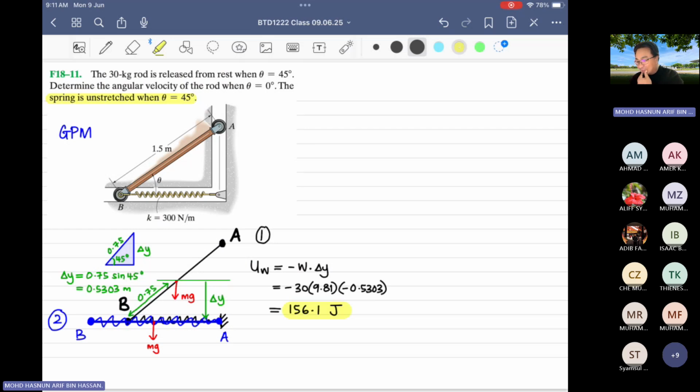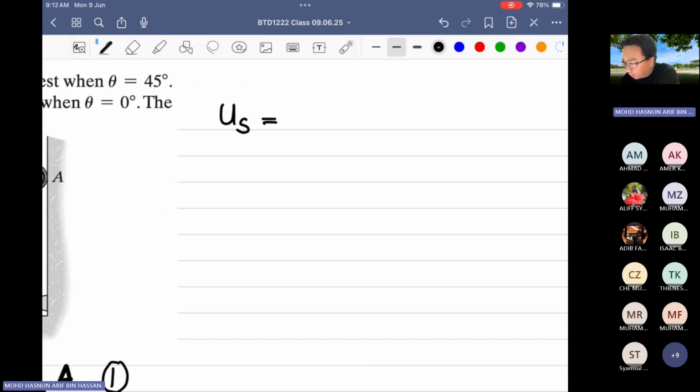Now we need to calculate the work done by the spring. Let's write down the equation. First, we have US is equal to minus 1 over 2 times K, K is given as 300, times S2 squared minus S1 squared.